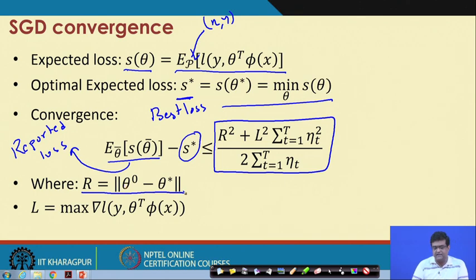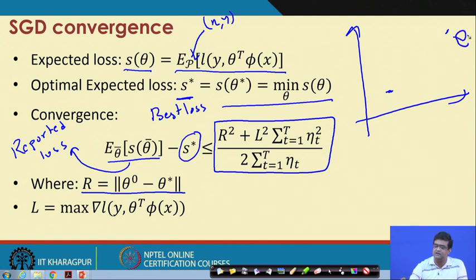So, this is a finite number R, okay. This is not very far. So, if you are starting somewhere, so if this is your space and you are starting somewhere here, and this is your theta star, okay, and this is your theta 0.